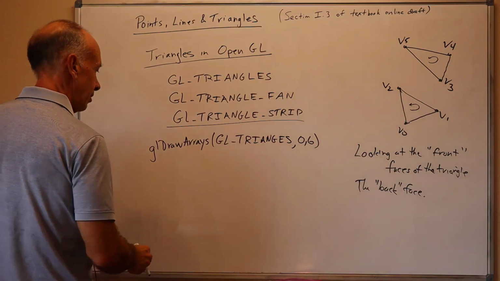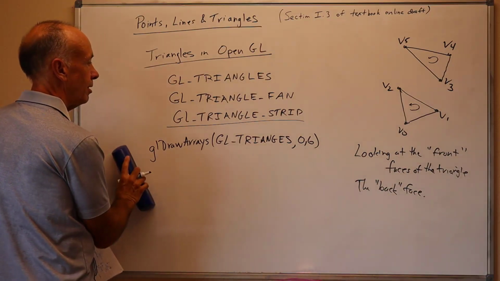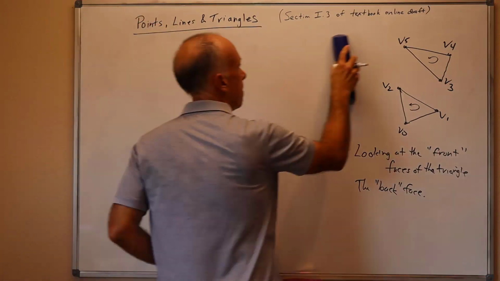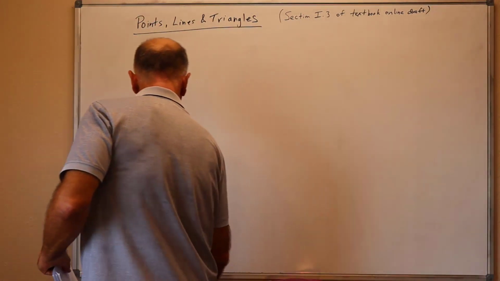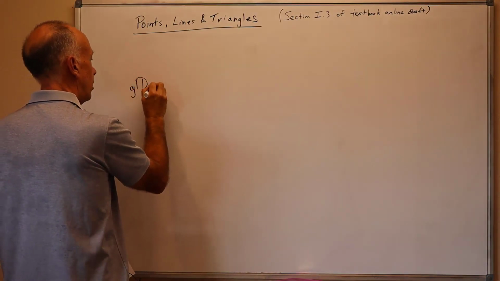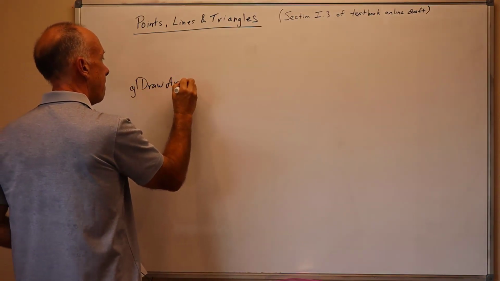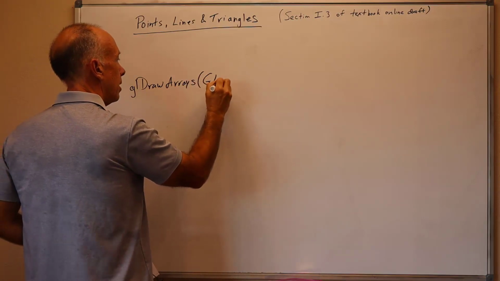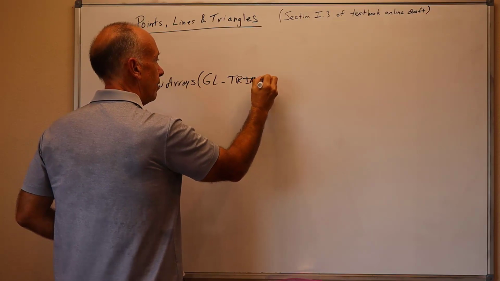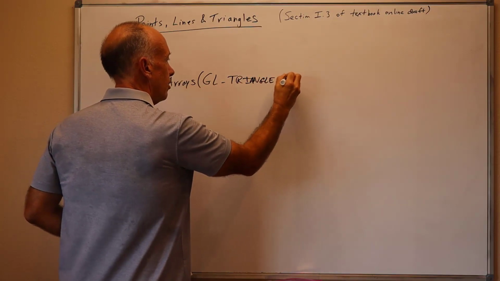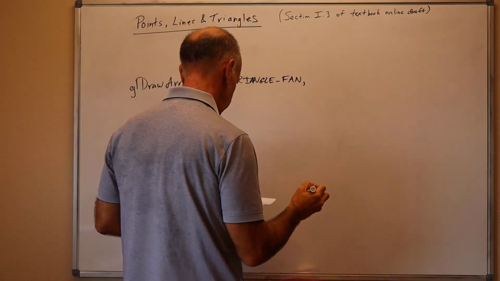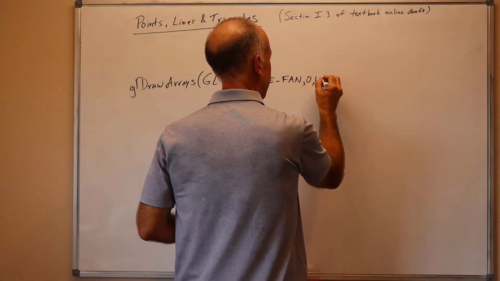Okay, so the next example is GL_TRIANGLE_FAN. So here we have a glDrawArrays command, GL_TRIANGLE_FAN, and I guess we can do 6 vertices again.